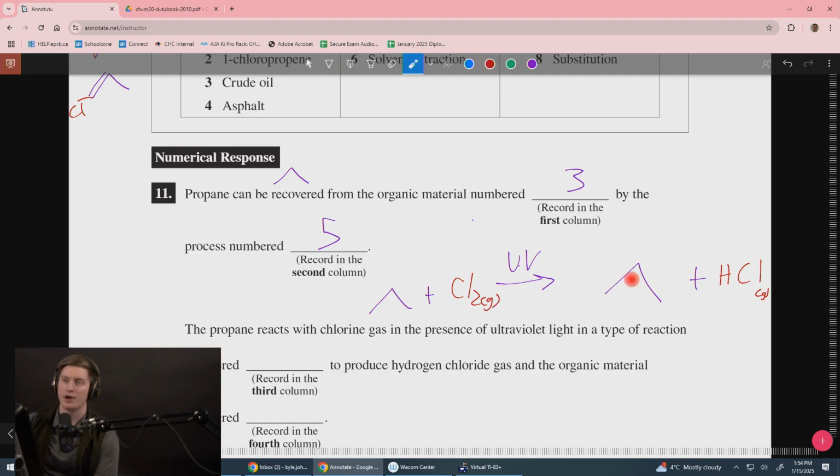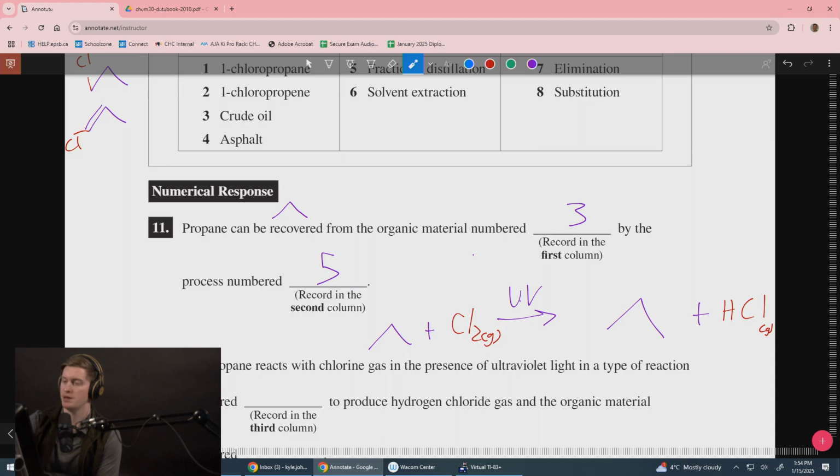And one of our products has this propane skeleton. It's going to be either one of these. Well, really what we've done here is we have switched out a hydrogen from here. That's where the hydrogen had to come from. And we've lost a chlorine. We haven't made a double bond. If we had made a double bond, we'd actually end up with 2 hydrogens, because there's 2 hydrogens that would have to be let go if you were to make that double bond.